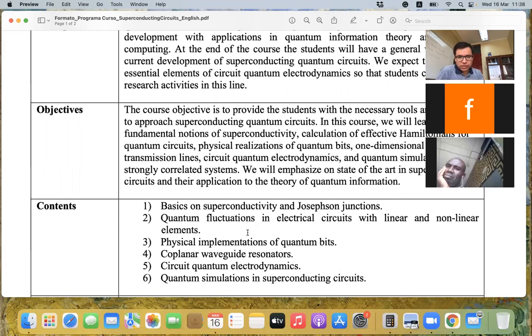And the quantization in this area almost always has to do with the temperature in the system. So we will see what the conditions are for an electrical circuit to exhibit quantum behavior, essentially. And of course, it has to do with the temperature.